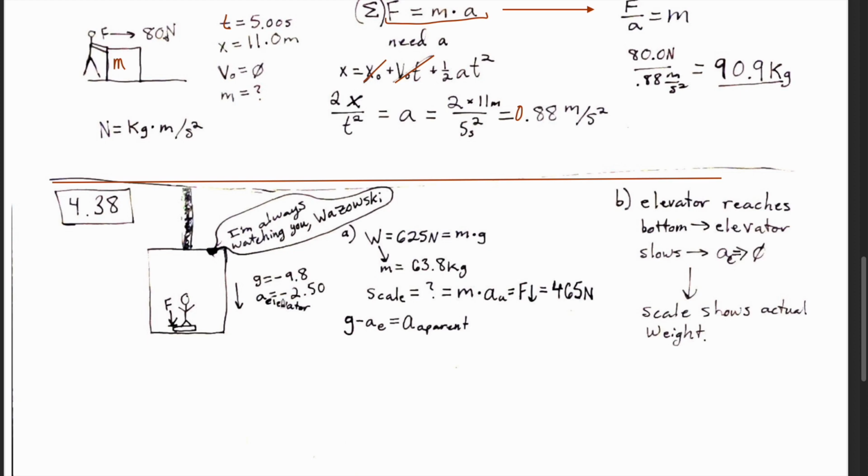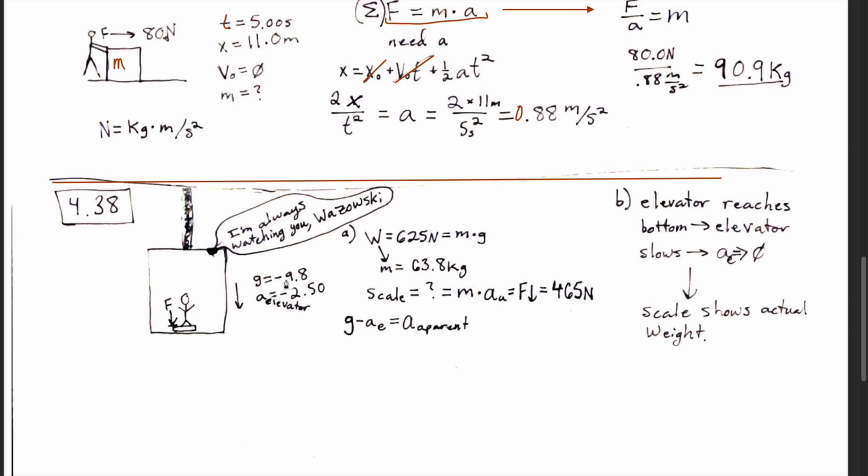Use this to remember that the apparent acceleration, that you feel, or that the scale reads, is the gravity minus the acceleration of the elevator. So in this case, we have negative 9.8. And this is assuming you're taking the negative scales. Well, it works either way, actually.